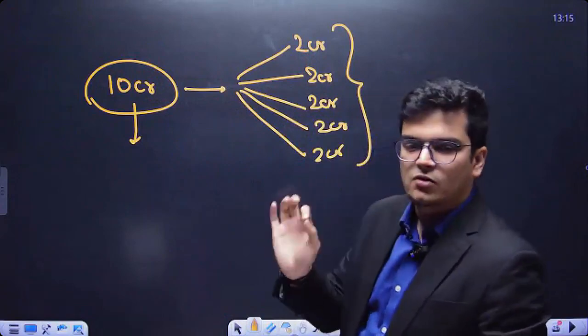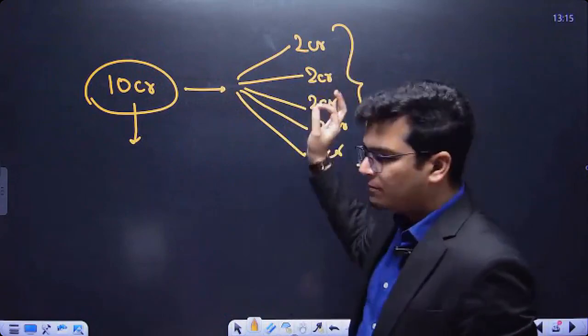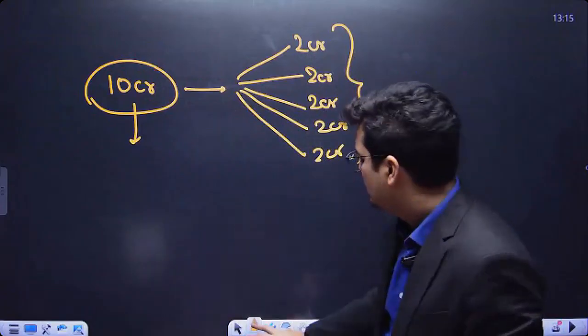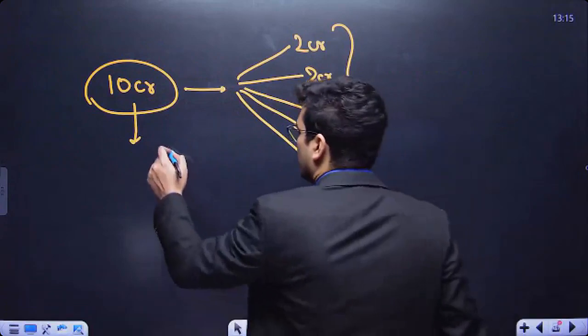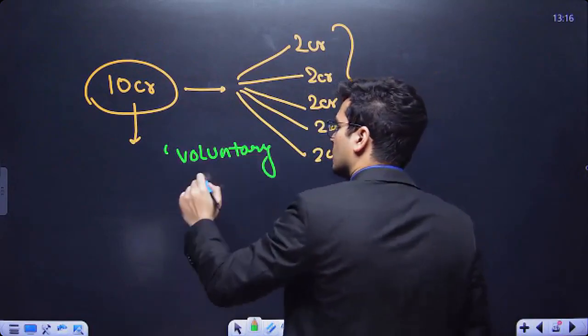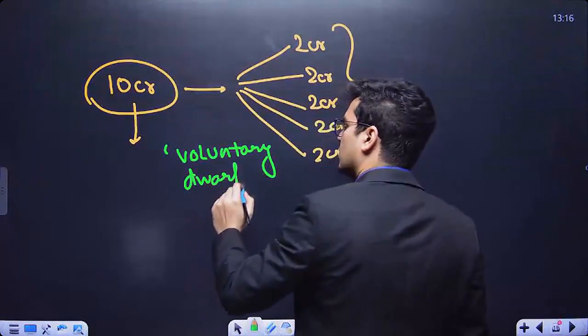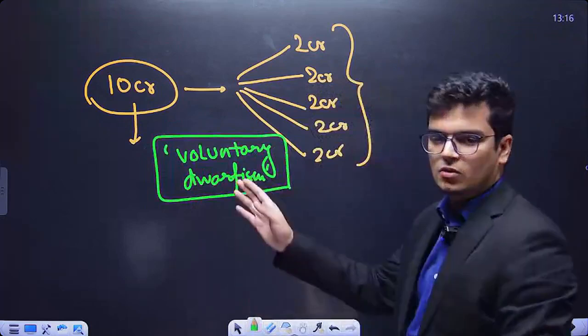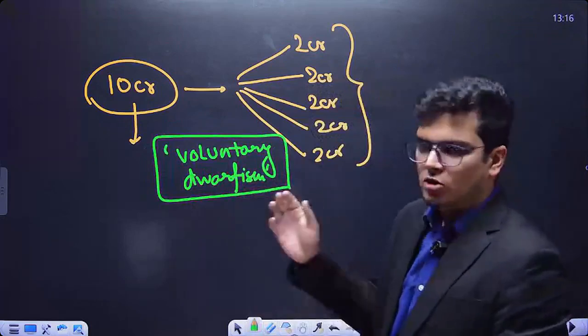So people will voluntarily want to keep their companies small so that they don't pay or they pay less. This phenomenon was called by the Economic Survey as voluntary dwarfism. Voluntary dwarfism. It's a very good keyword that you can use in your mains examination.